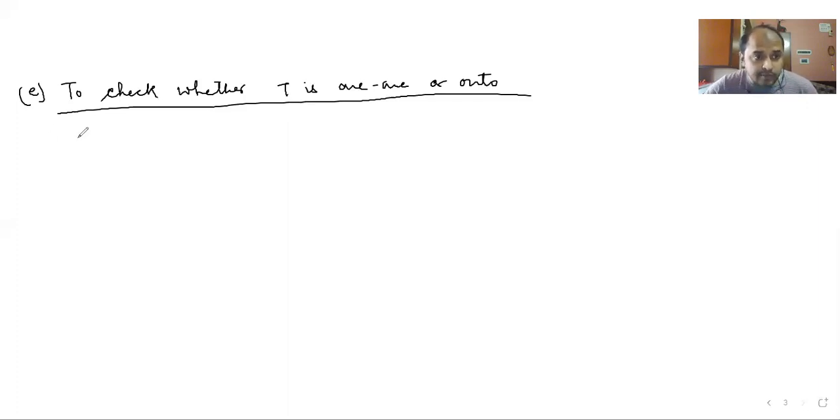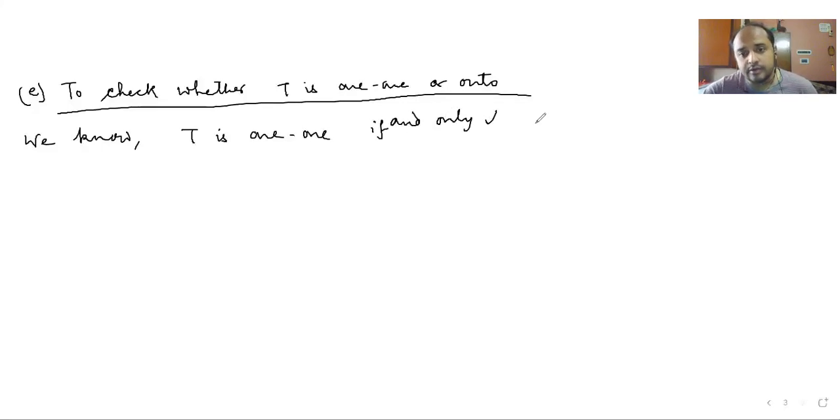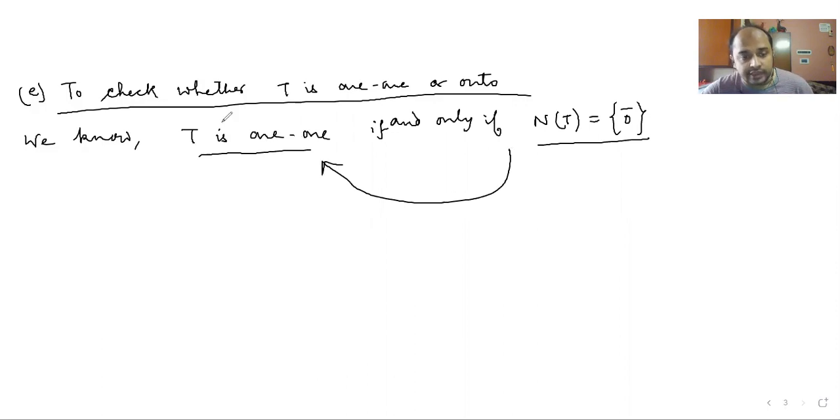We know, a few minutes ago in the last session, I told you that T is one-to-one if and only if null space of T is equal to 0 bar. So if null space of T is 0 bar, T is one-to-one. And if T is one-to-one, null space of T will contain only 0 bar. So it is both way true.